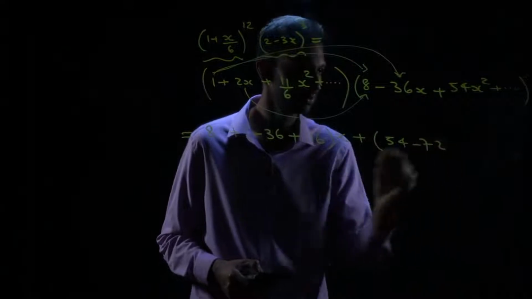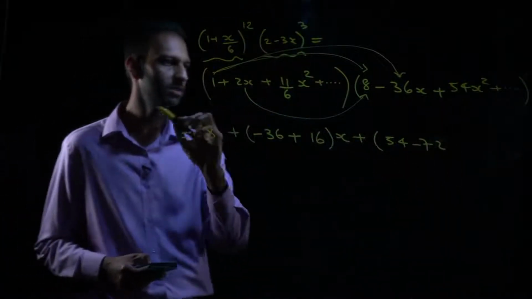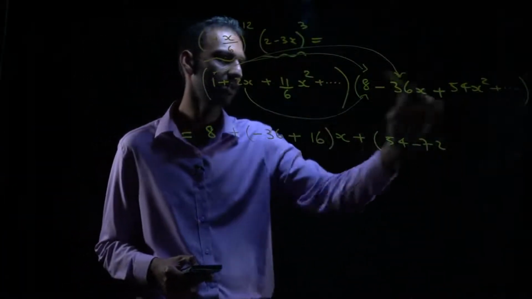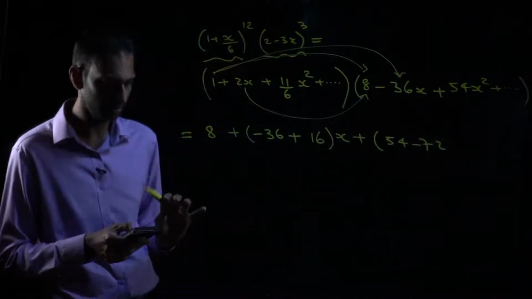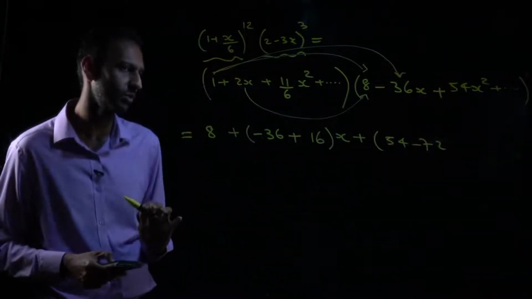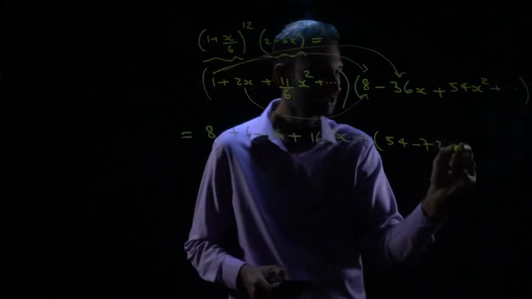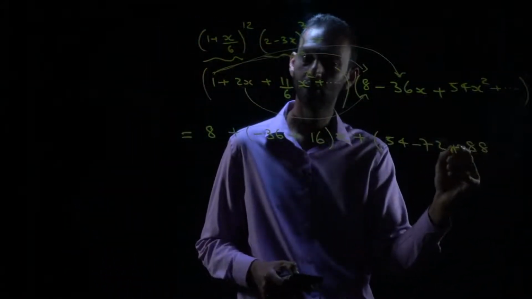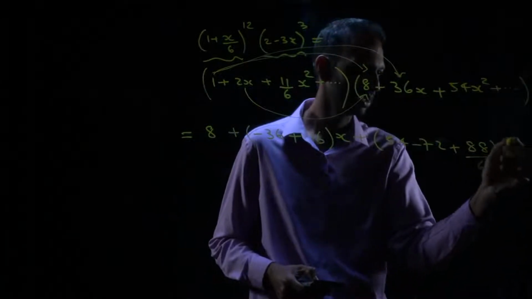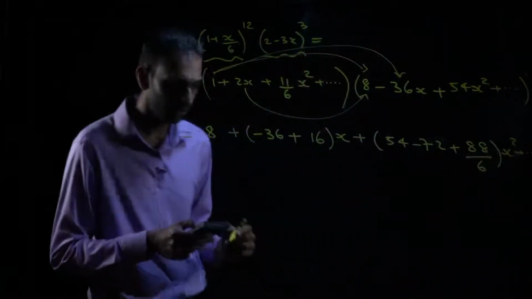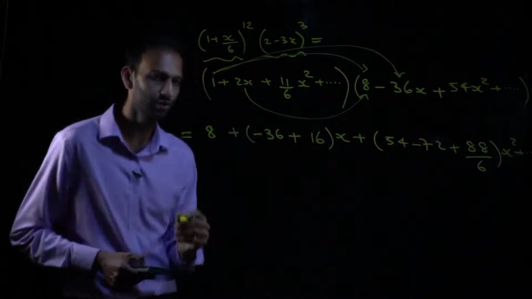Now, if I continue with the 2x, I will have x cubed, which we are not interested in. We are stopping at x squared. 11 over 6 x squared times 8 is plus 88 over 6 x squared. We stop here because we are not interested in the term in x cubed.